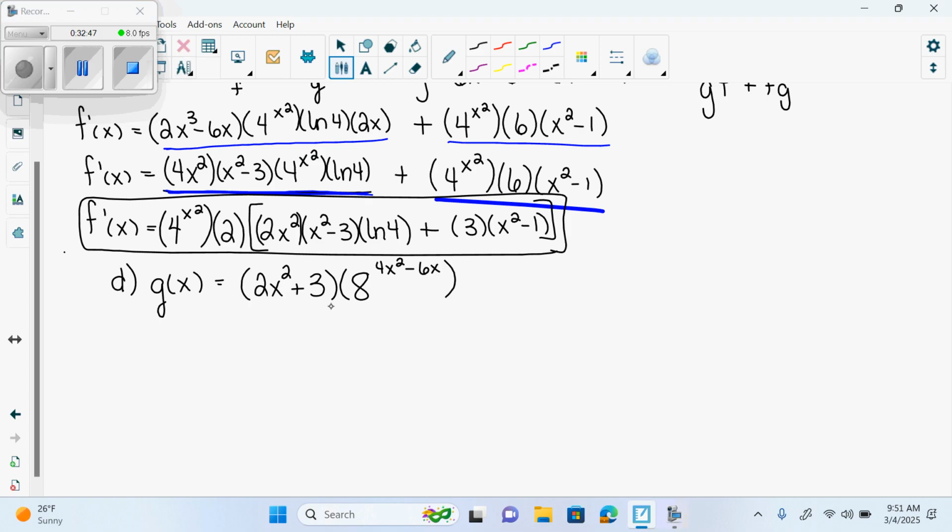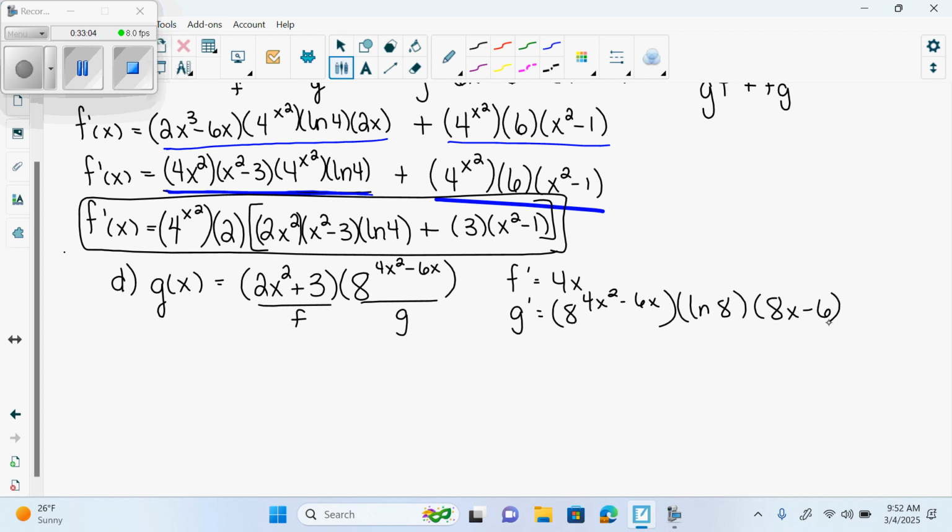So f is g, f prime is 4x, g prime is 8 to the 4x squared minus 6x, ln of 8 times 8x minus 6, and then we're going to reduce that, take out a 2, and then we're left with 4x minus 3.